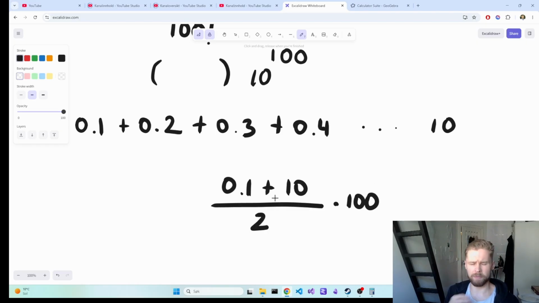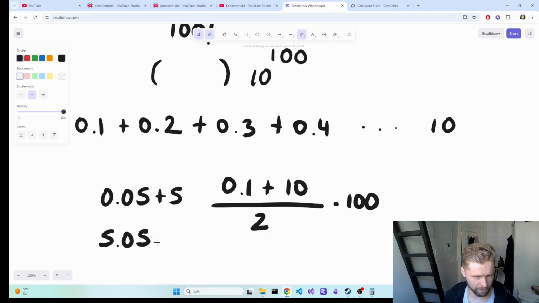So that's gonna be basically, what do we got over here? 0.05 plus 5, so this is 5.05 times 100. No, wait, did I just divide this already? Yeah, so it's all good.